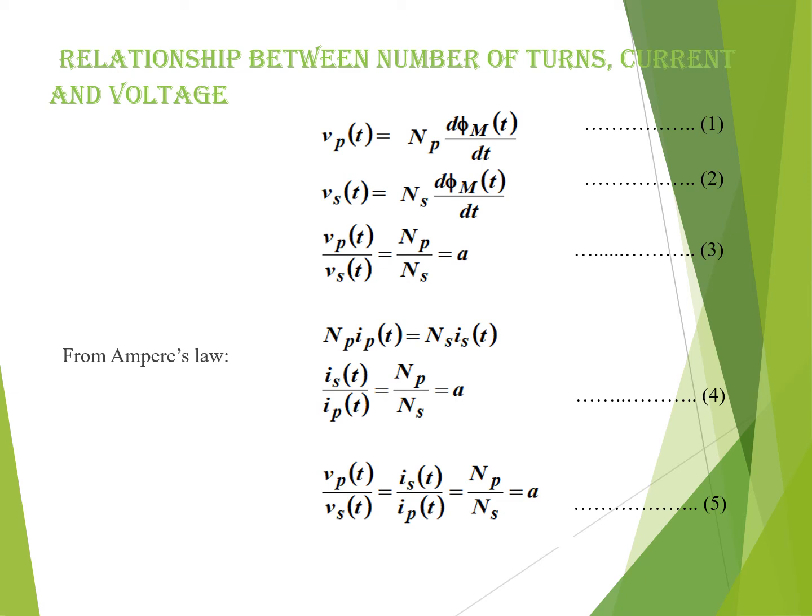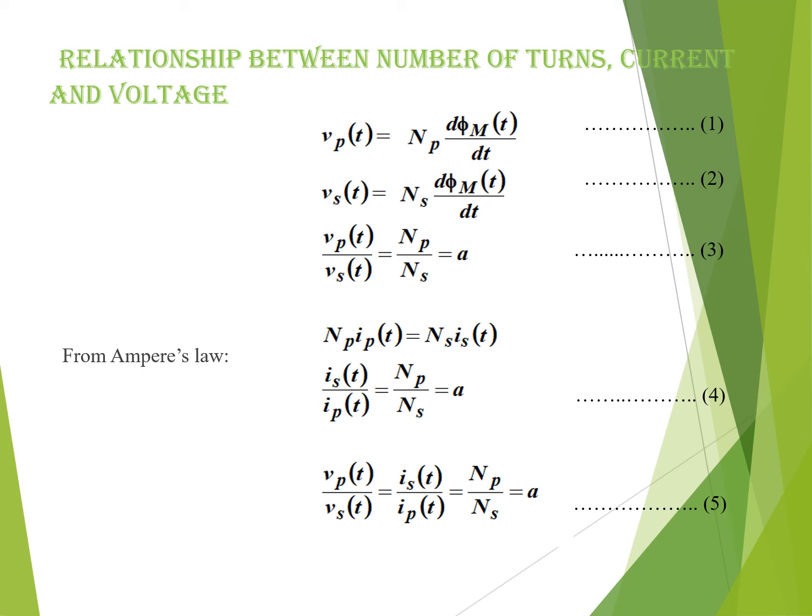Similarly, for the secondary coil, Vs is equal to Ns into dφm by dt. When we consider these two equations, we have Vp by Vs is equal to Np by Ns, which is equal to A.